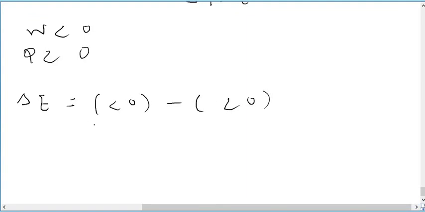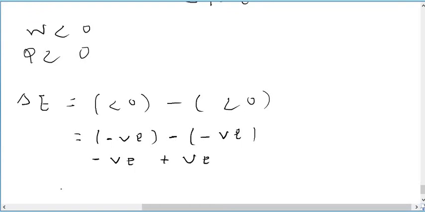So less than 0 minus less than 0, we have a minus, still minus, so minus minus is plus, we have a positive.